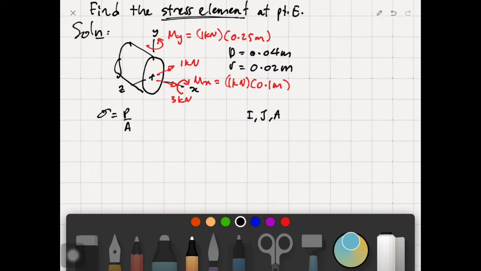Calculate all the components related to the equations for bending stresses, transverse shear, all of them first. In this case, there are two equations that we need. The other one is sigma equals My over I. It is the same thing, just that the sequence of the flow is not the same. But all you need to calculate in the first place needs to be done.